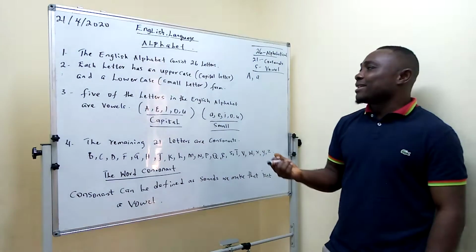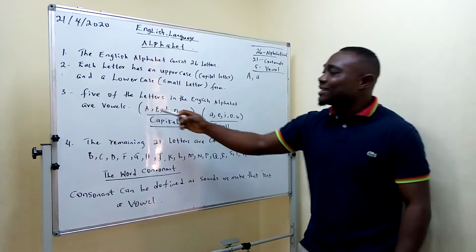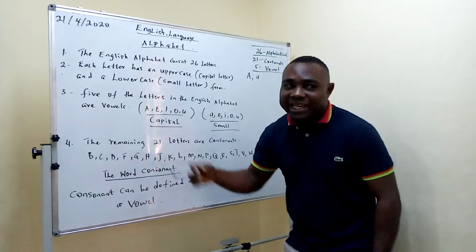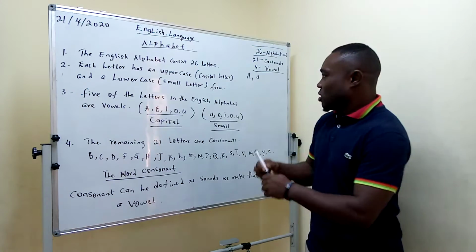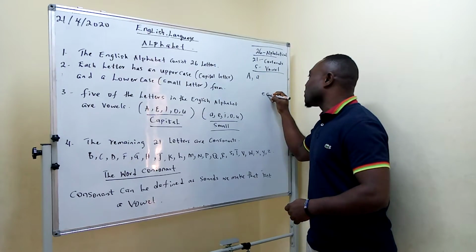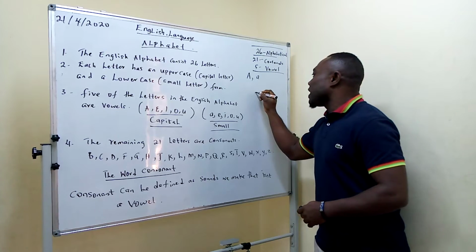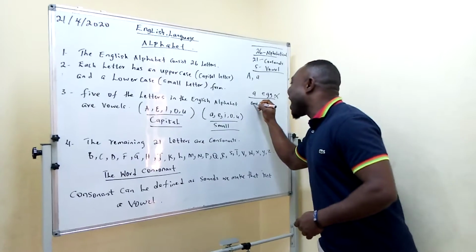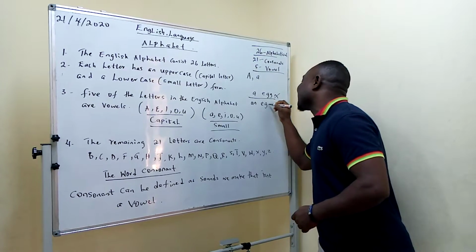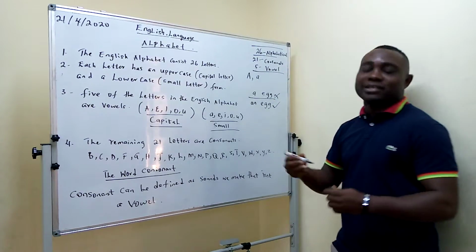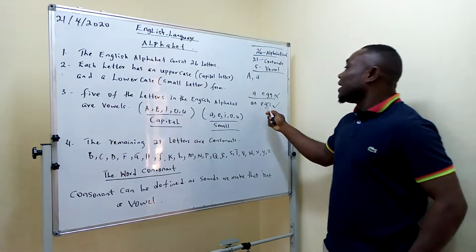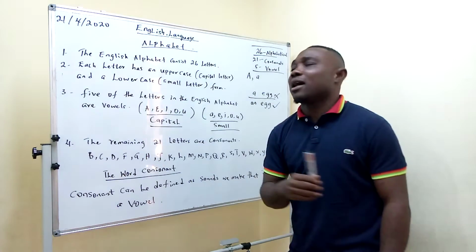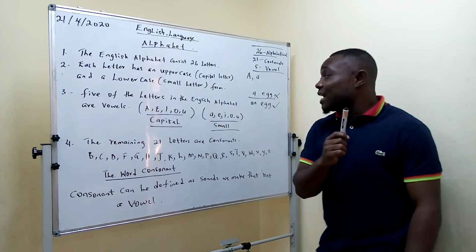When making a sentence with a word like egg, you don't say "a egg." That is wrong. You say "an egg." This is correct because it starts with a vowel letter. Get that into your head.